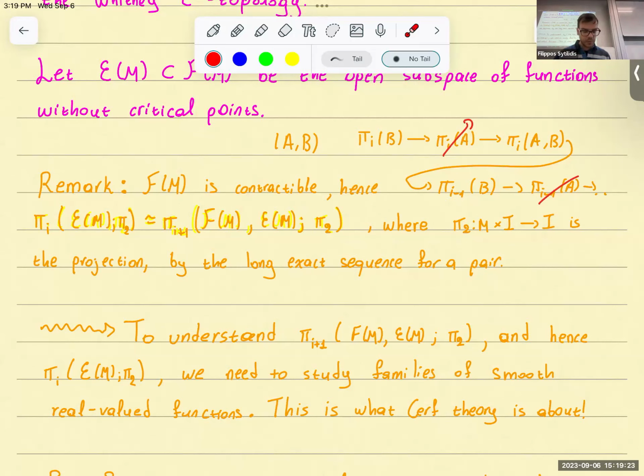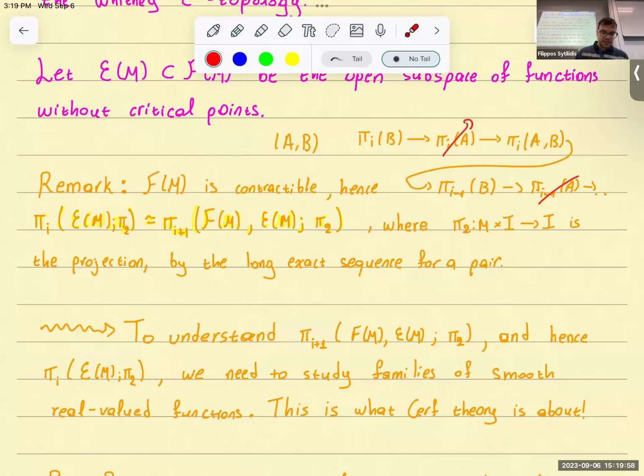What I want to do, and again, you can put i equals 0 here in your mind, because that's really all we're going to be using. But if for some reason, and I'm going to give you the reason in a bit, you want to calculate homotopy groups of this space epsilon of M, one way you can go about it is trying to calculate homotopy groups of this pair f of M comma epsilon of M. And if you want to do that, what this amounts to is thinking about families of smooth functions, right?